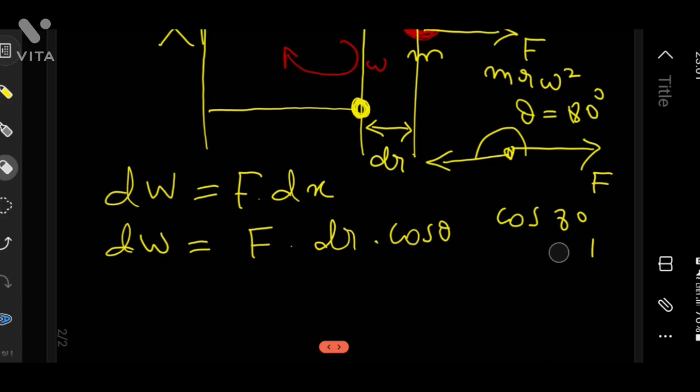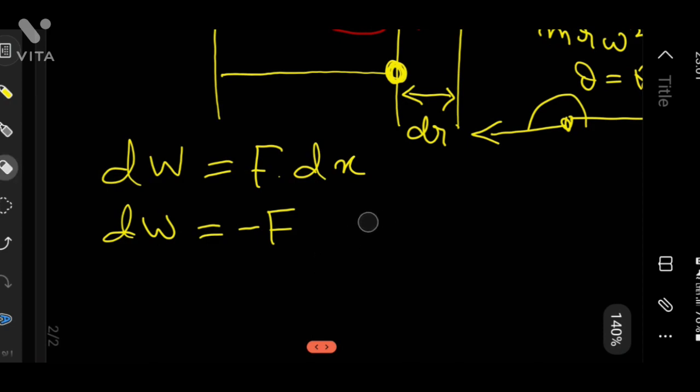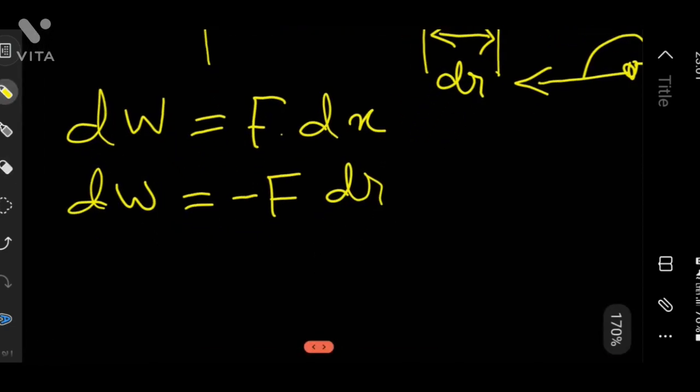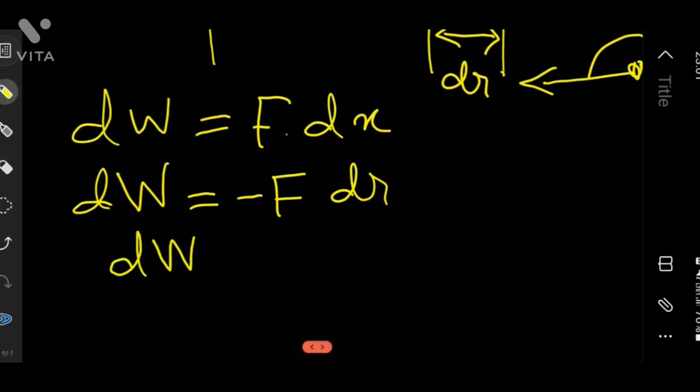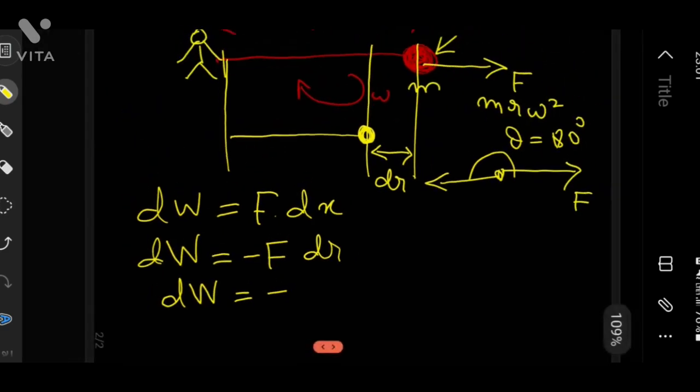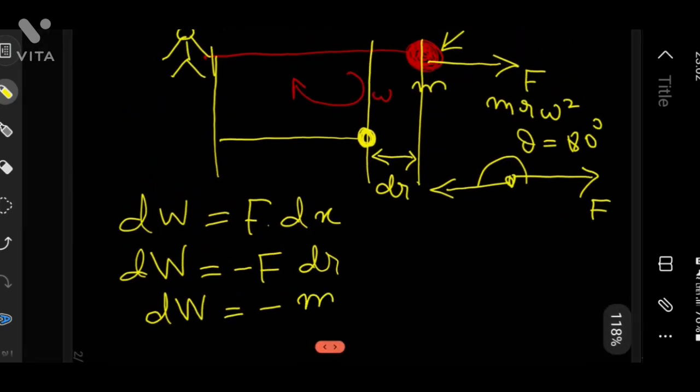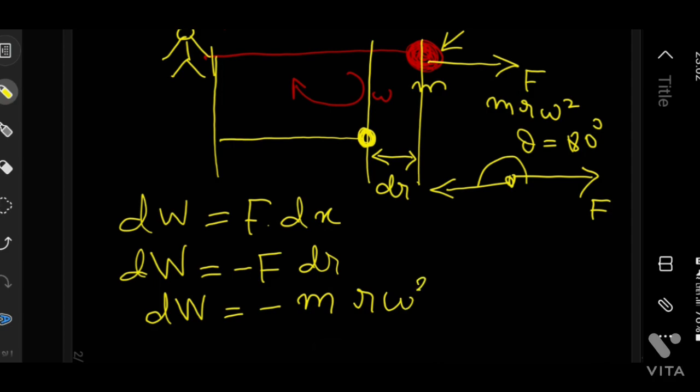So I will write dW is equal to minus F into dr. So dW is equal to minus m r omega square into dr. Equation 1.